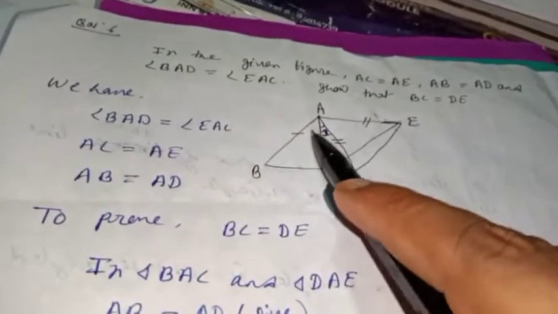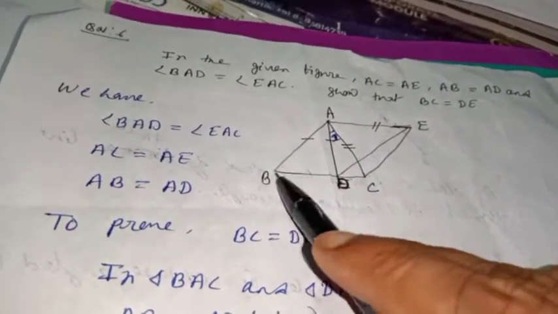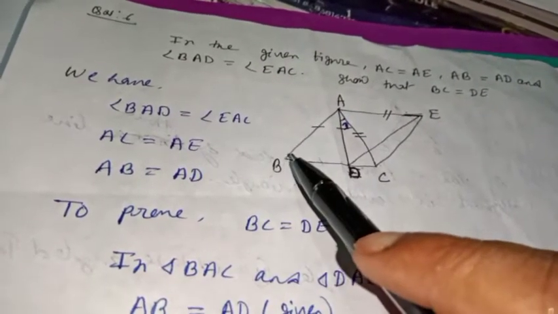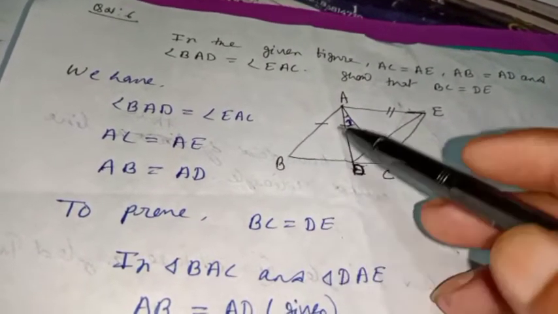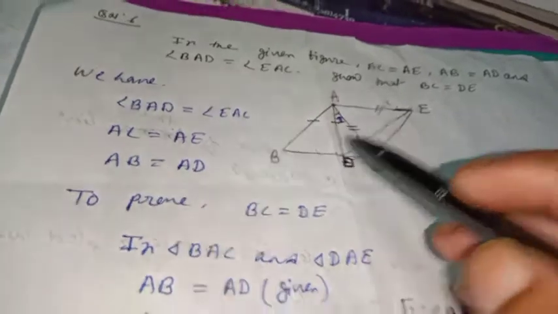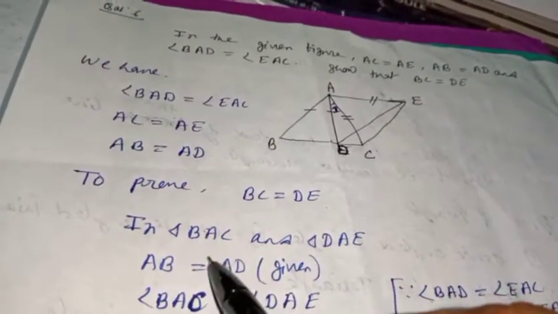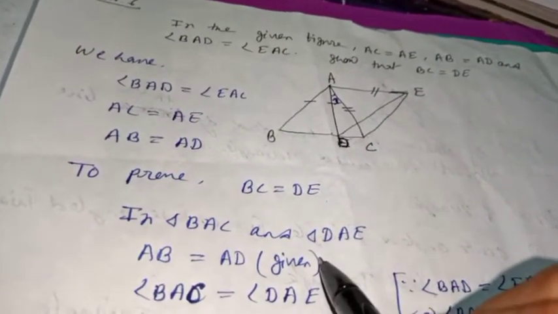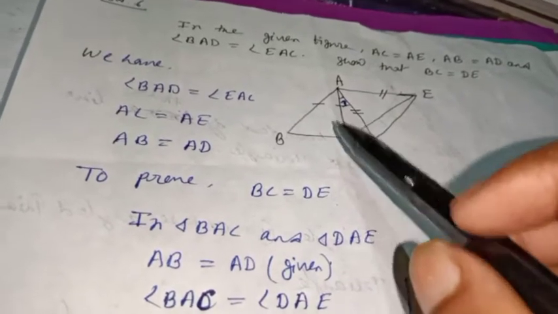Here see, they have given angle BAD and angle EAC, and you can clearly see in the figure that angle BAD and angle EAC are not the corresponding angles of triangle BAC and DAE. Yes.